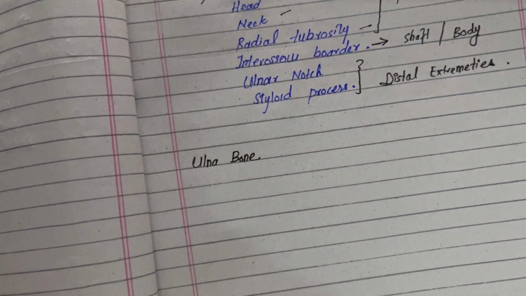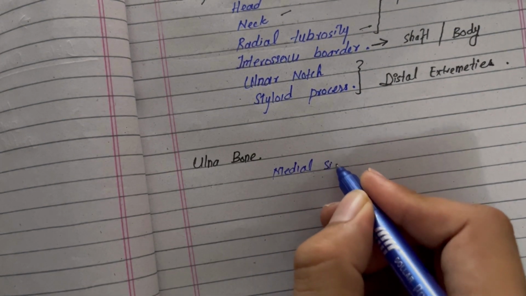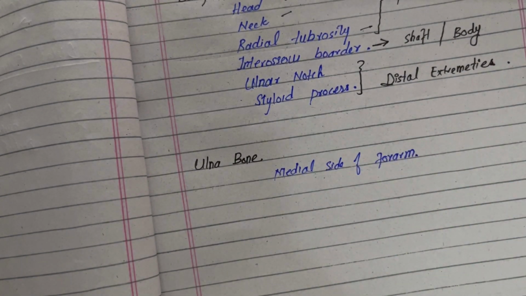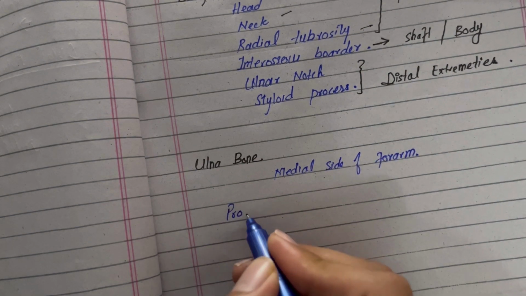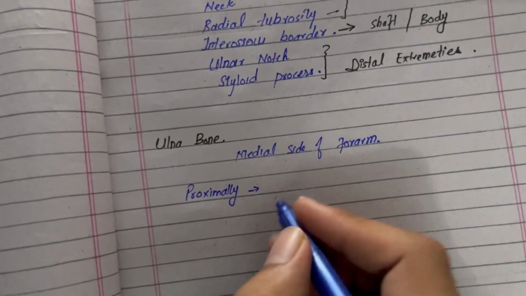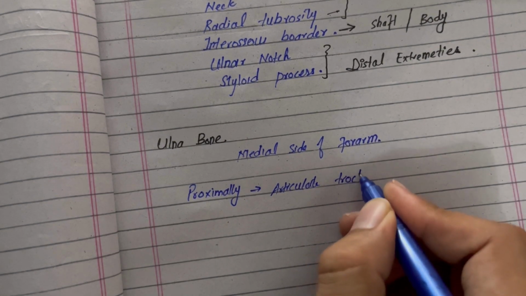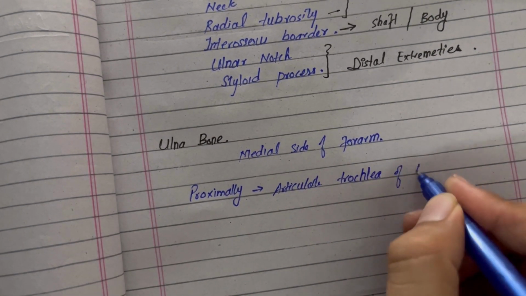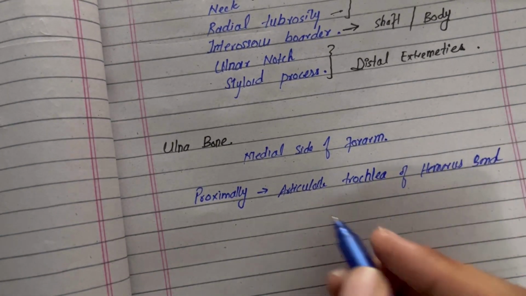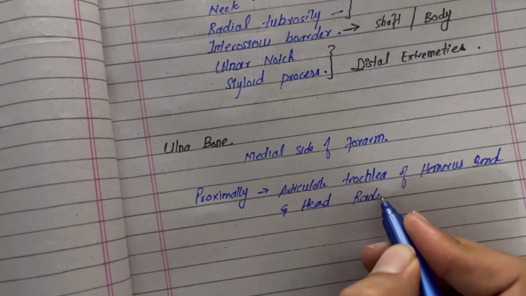Ulnar bone. The ulnar bone lies on the medial side of the forearm. Proximally, it articulates with the trochlea of the humerus bone and the head of the radius bone.